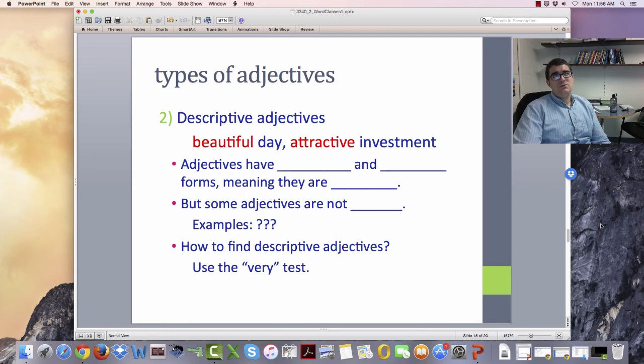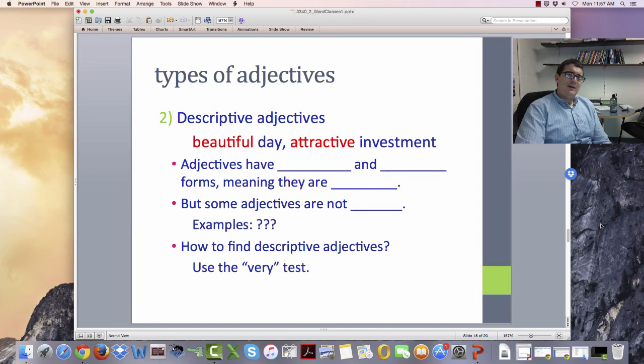So when we say tall, taller, tallest. Other word classes don't have that. That is unique to adjectives. Only adjectives have that comparative and superlative. Some adjectives don't always have that, but most do.